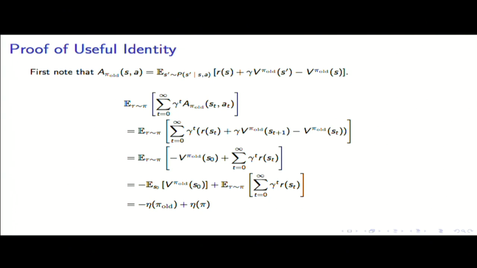So most of these terms cancel out. And it ends up that all that's left over is the very first value function term. So we've got expectation of the value function at state 0, and then all of our rewards. So yeah, all of the other terms cancel out because everything else appears twice.